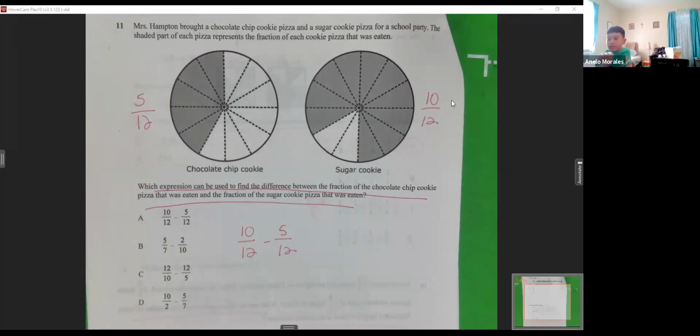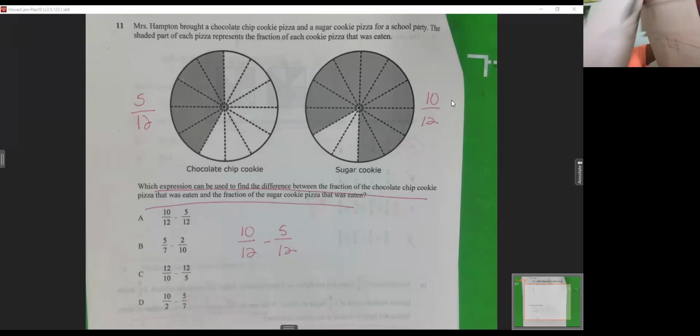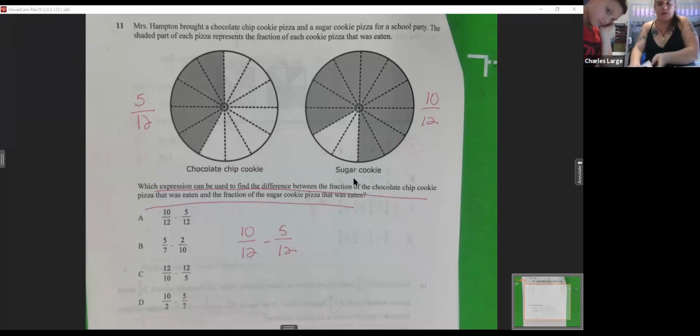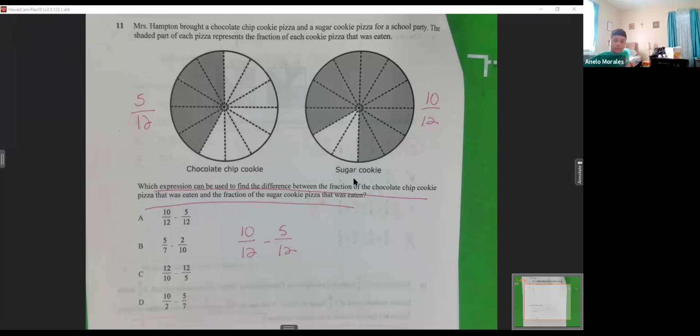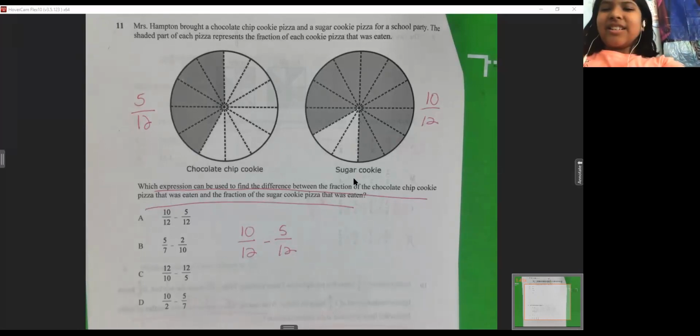Area model? I don't see an area model. No, look on page 17. I know, but I didn't look at 17 because I thought you only said up to 15. Yeah, but I looked at 17 and it's that easy area model.